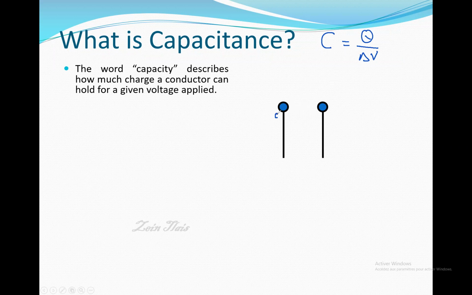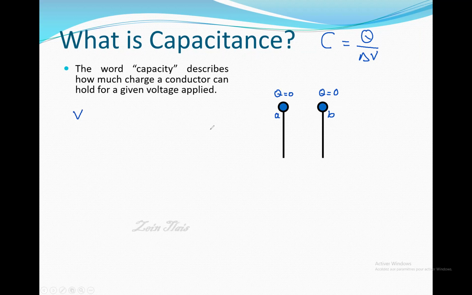Initially, we have the left one, A, and the right one, B. Initially, we don't have Q. Q equals 0 for both sides, okay?